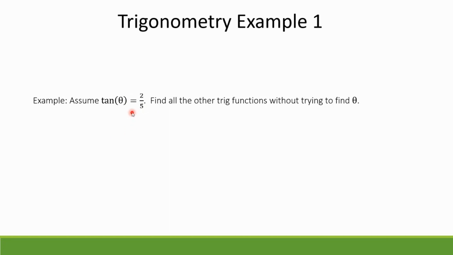So here we're assuming that theta is greater than 0 degrees and less than 90 degrees, and we know tangent of theta is 2/5. We're going to find all the other trig functions, but we're not going to figure out what theta is.